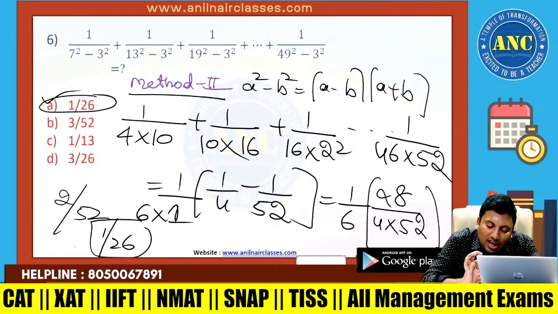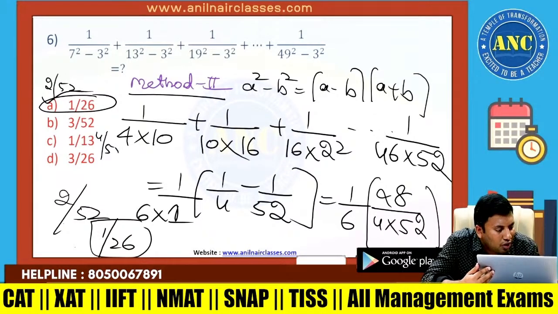If you observe the last one, the last term denominator is 52. The answer should be either 52 or a factor of 52. All the options are 52 or a factor of 52. So the denominator condensing approach might not work here. Now if you see how the answer options are, if I make everything into 52, these are 2 by 52, 3 by 52, 4 by 52, and 6 by 52.